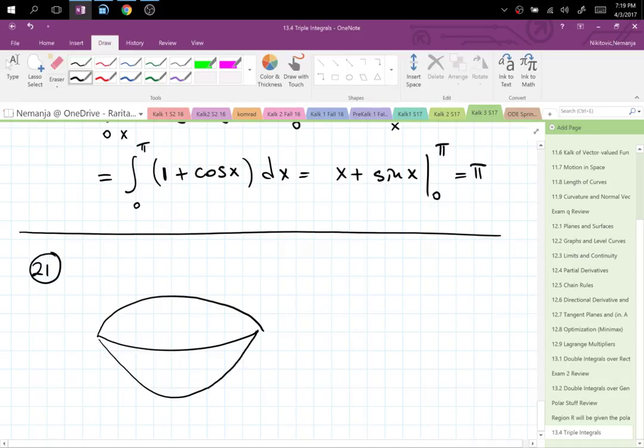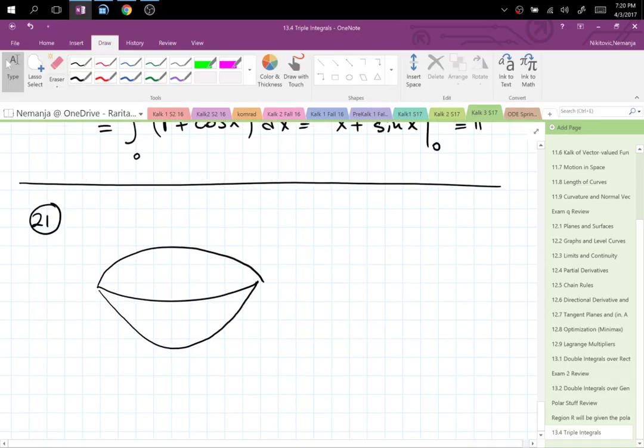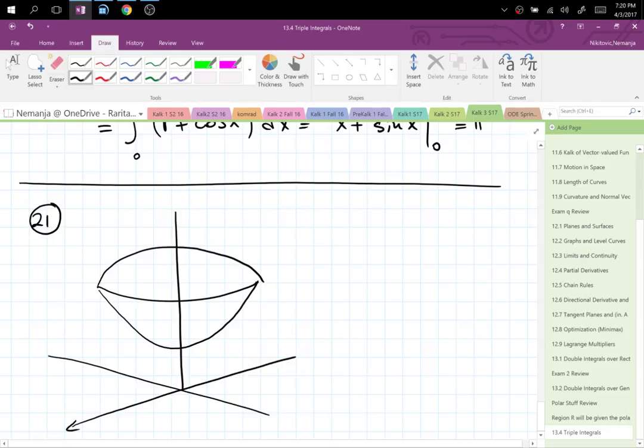So, the flying saucer problem. We have a solid.